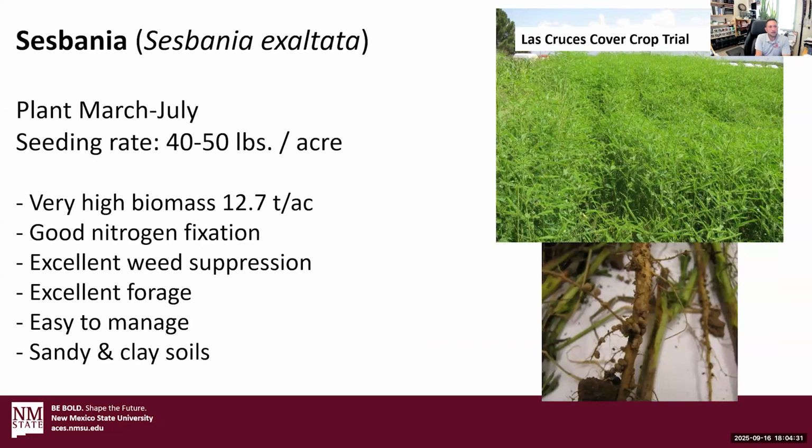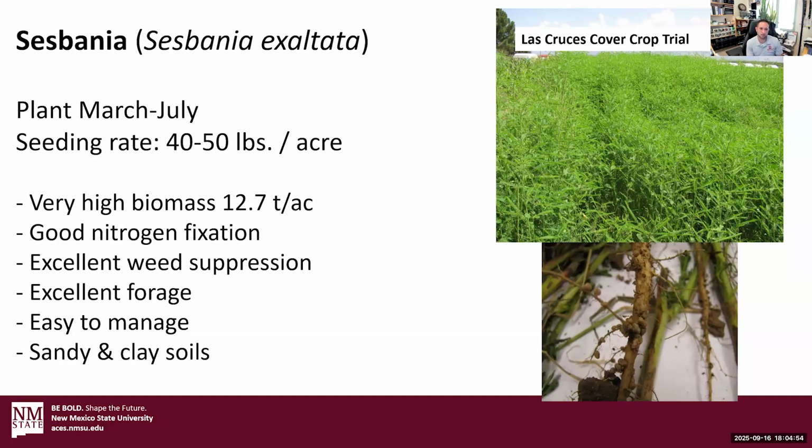The next one is Sesbania. The seeding rate with this one is between 40 to 50 pounds per acre. It has a very, very high biomass. You can see in Dr. Ido's cover crop trial here in Las Cruces, just full of Sesbania. You can just see green biomass all over the place.